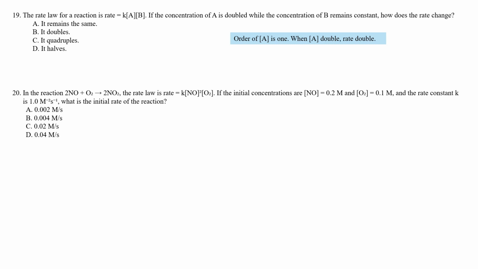If the initial concentration of NO is 0.2 molar and O2 is 0.1 molar and the rate constant is 1.0 per molar squared per second, what is the initial rate of the reaction? Using the rate equation, if we apply the values, K value is 1.0, NO concentration 0.2 and oxygen concentration 0.1. So after you solve this, the rate should be 0.004 molar per second.